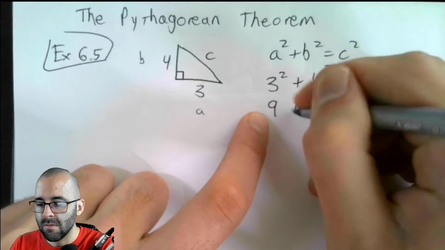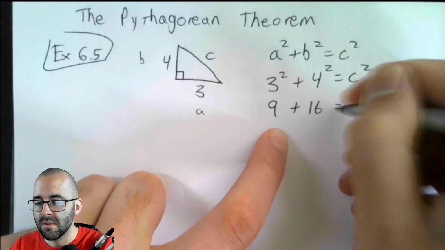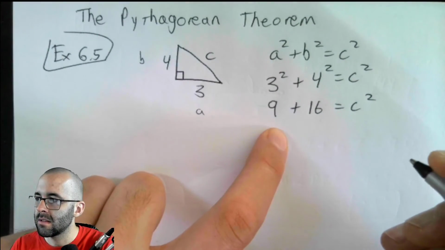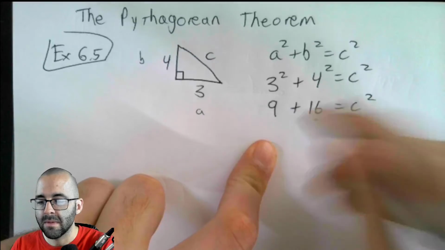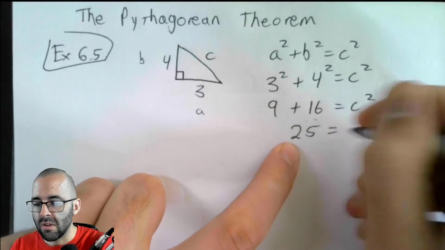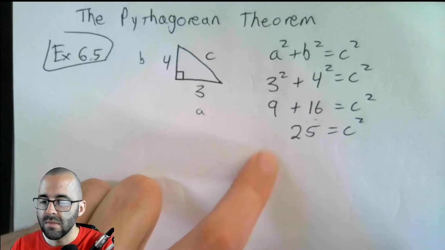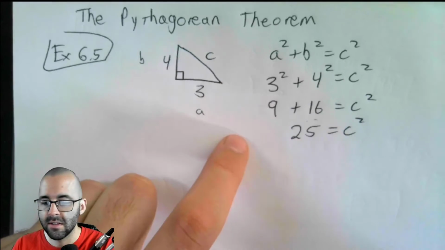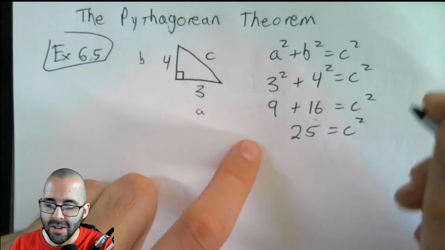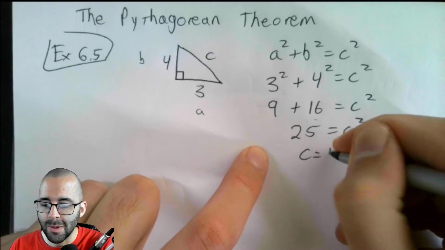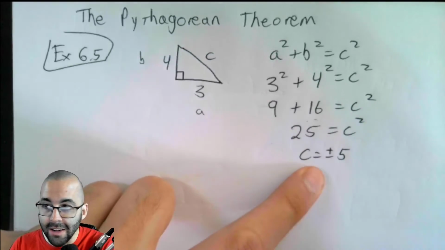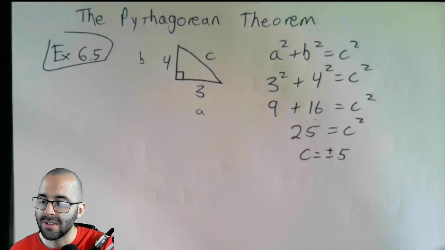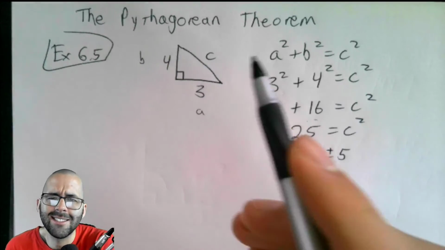3 squared is 9 plus 4 squared is 16 equals c squared. Add them up. 25 equals c squared. We will take the square root of both sides. There's a property that says this means that c is equal to positive or negative 5. So c could be negative 5, but we're talking about distances here.